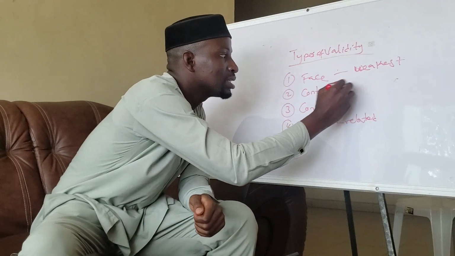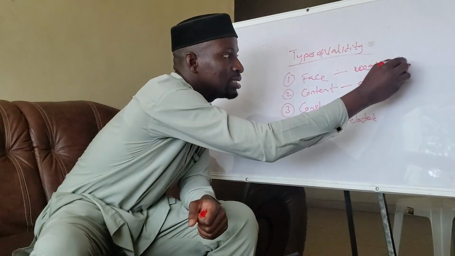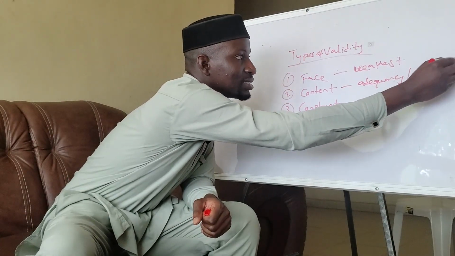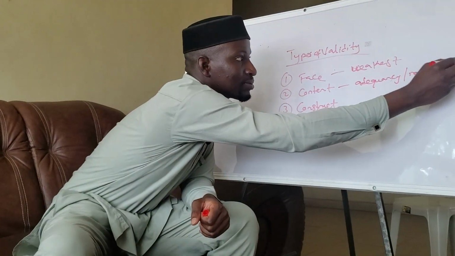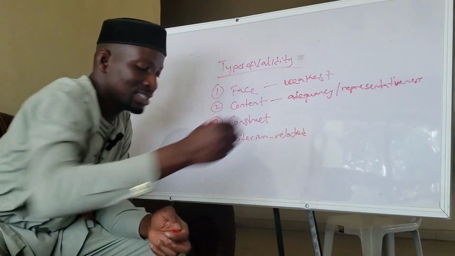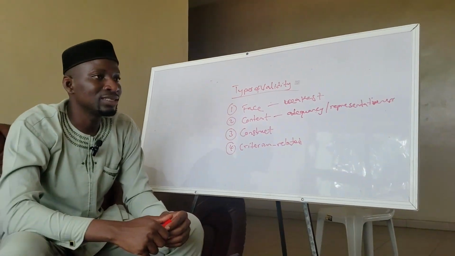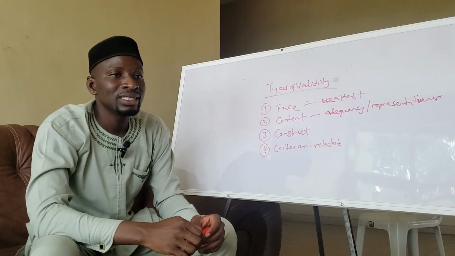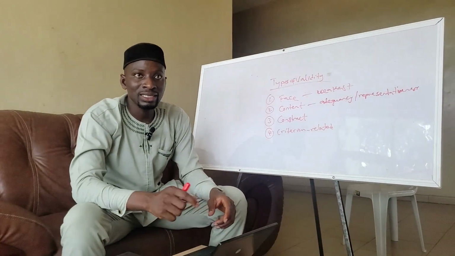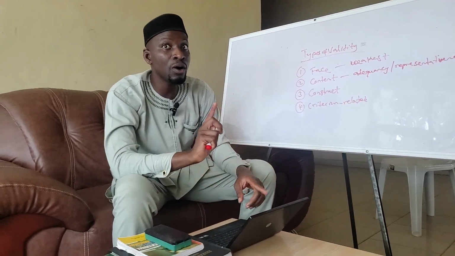So this one is trying to look at adequacy and representativeness. A test that lacks content validity will be a test that is supposed to be measuring A, B, and C, but eventually is measuring C more.